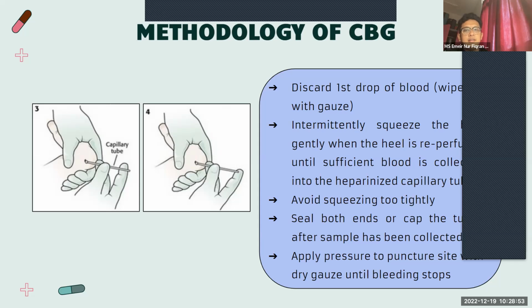Next, we must seal the capillary tube from end to end and send it to the blood gas analyzer for analysis. As for the puncture site, we apply pressure and then seal it with dry gauze and tape. So continue.